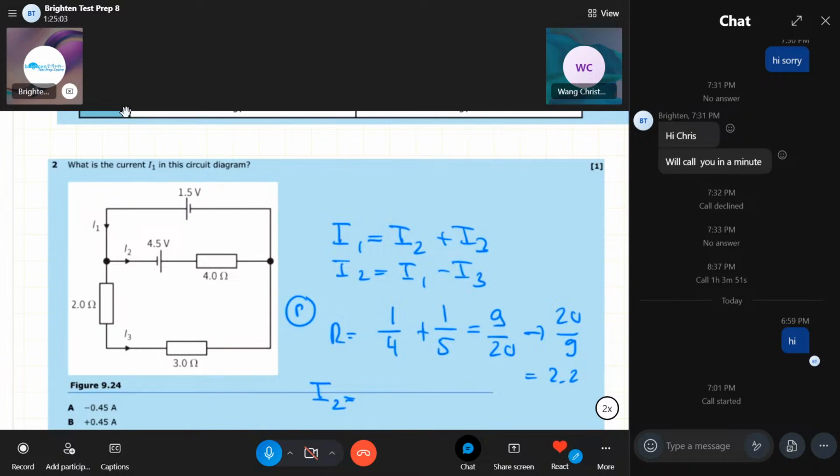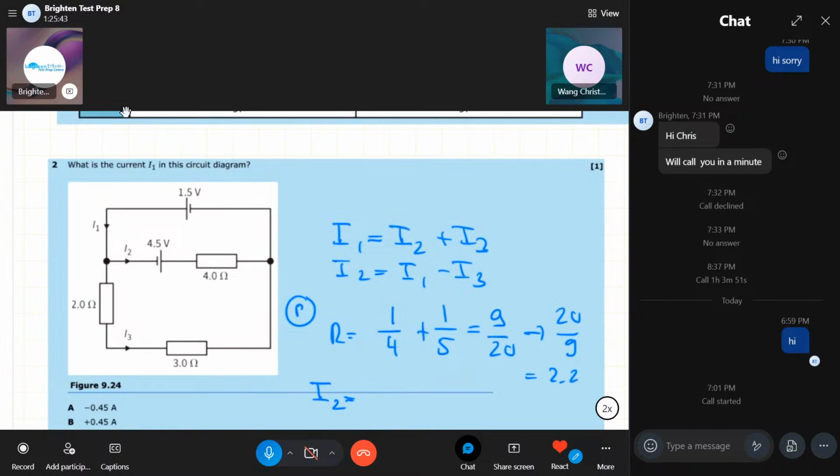But you made an interesting remark. So when you look at that loop, what is the EMF of that loop? I think that we do I2 and I3 individually, because finding I1 with total resistance is not possible.